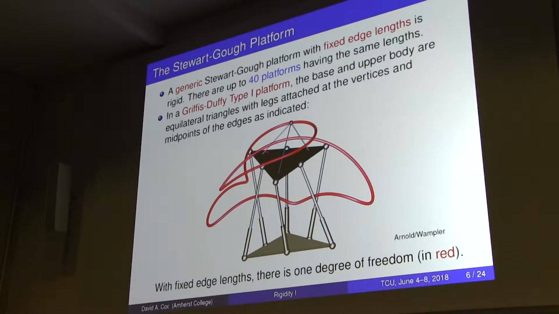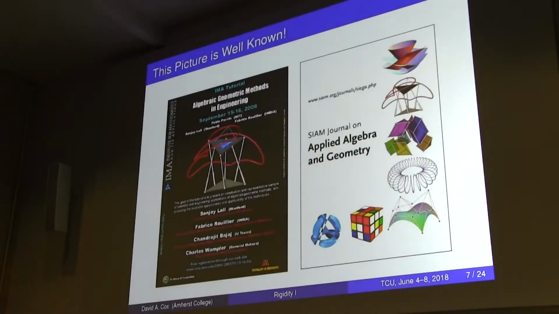There's 1 degree of freedom, so if I were to put a little thing up here and let this whole thing move, this would trace out this really pretty curve in three-dimensional space. And this is another one of these images that we've actually seen before, because if you were at the IMA in 2006, there was a tutorial on algebraic methods in engineering, where Wampler was one of the organizers, and so they created this image for that.